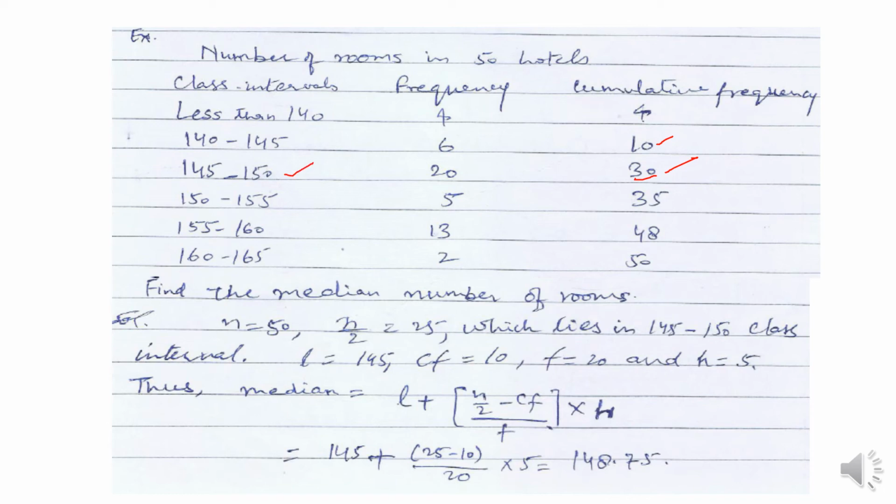Now L will be the lower limit of this class interval, that is 145, and Cf is the previous cumulative frequency, that is 10, and f is 20, the frequency of this class interval, which is the median class interval, and h is equal to 5, the interval size. Just put these values, you will get the median.